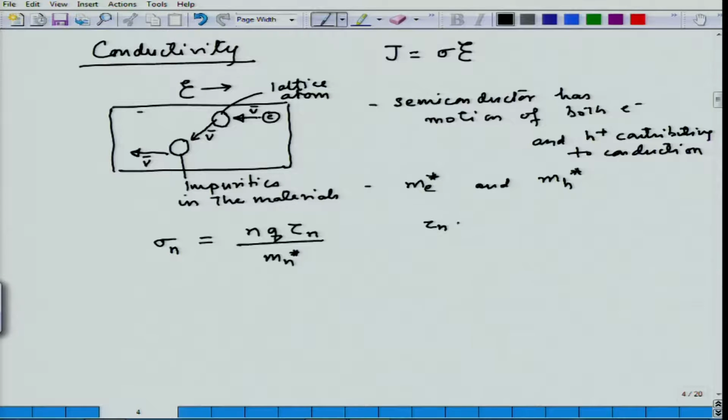Tau n is the average time between collisions, which are the scattering events in the path of electron motion. And as we described, these collisions can be due to the lattice or due to the impurity atoms in the material. Similarly, a hole in this material will have a similar path.